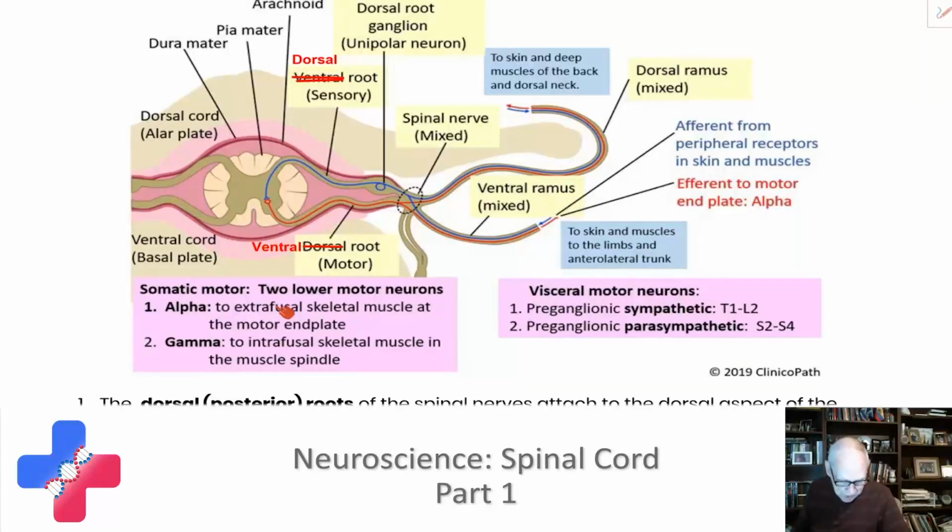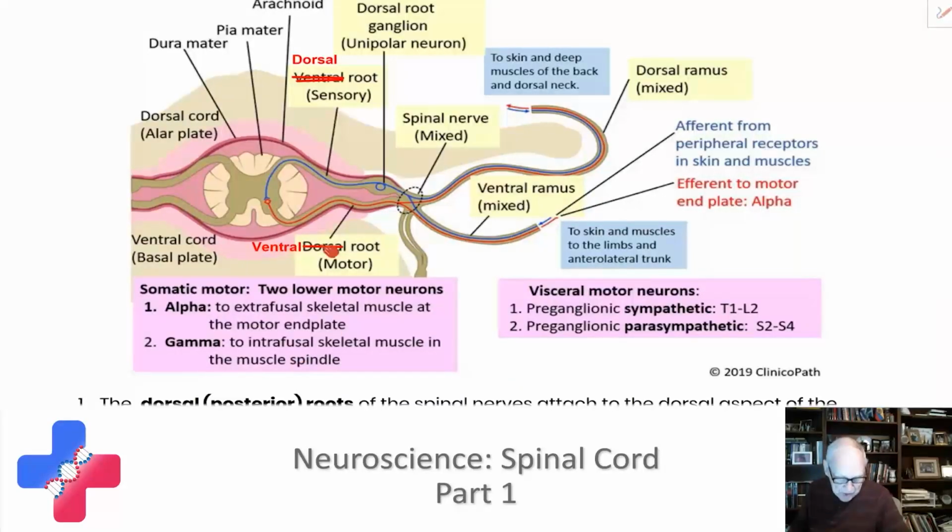And the gamma goes to an interesting little few strips of skeletal muscle fibers that are within another receptor type system, the muscle spindle, which we'll talk about a little bit. Muscle spindles have within them 5 to 10 skeletal muscle fibers, and it's those that the gamma system innervates. That is really there to help regulate the sensitivity of the muscle spindle so that you have very nice tone control within the motor systems.